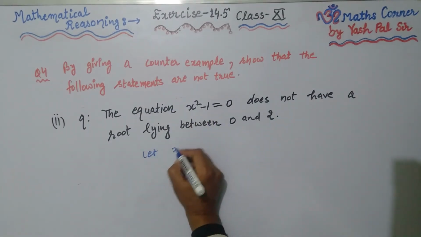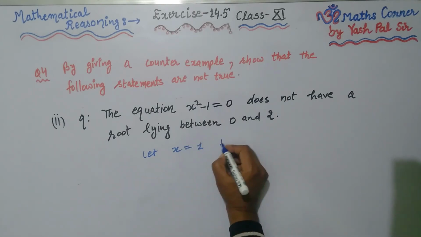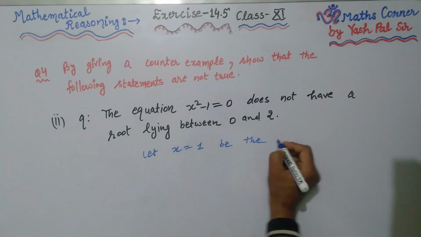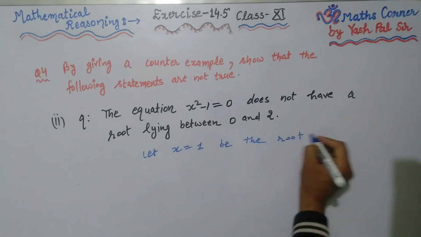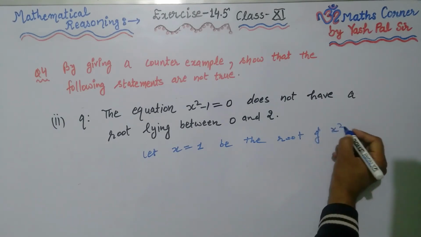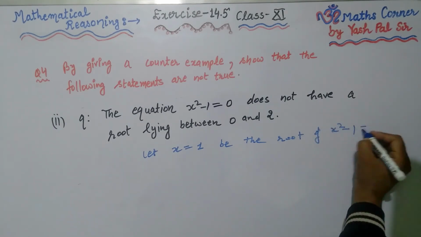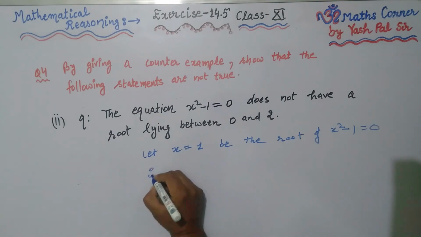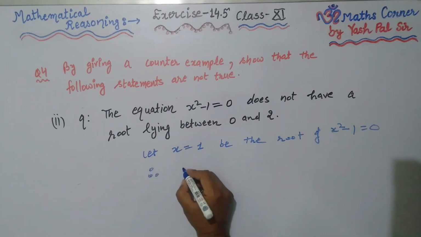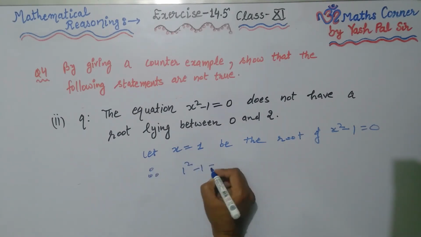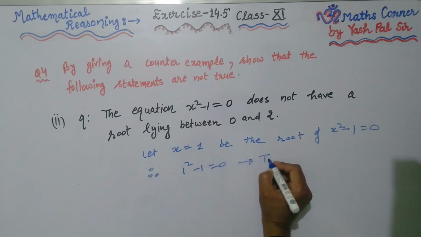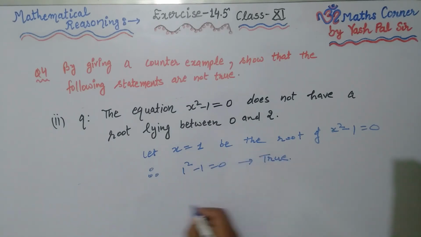Let x is equal to 1 be the root of x square minus 1 is equal to 0. So this is satisfying: 1 whole square minus 1 is equal to 0. This is true. Therefore 1 is the root.